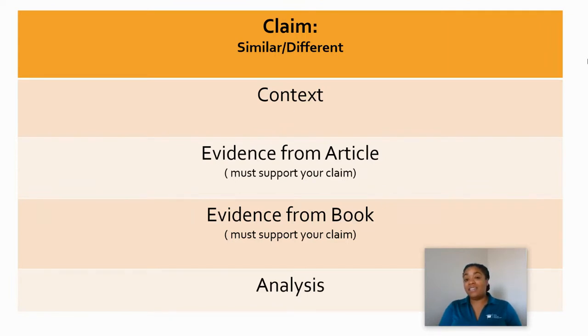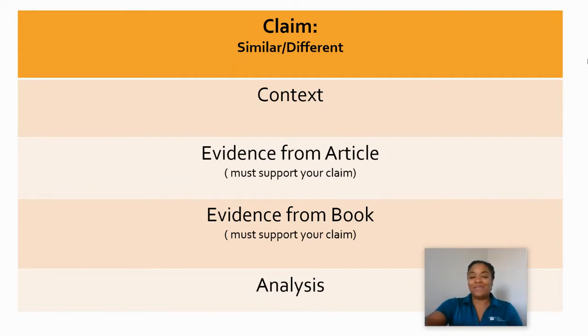You should have evidence from the article and evidence from the book. You should have a full written analysis. Now, as you answer your exit ticket, remember you need to add context. In the end, you should have your claim or argument, context, two pieces of evidence, and an analysis with an inference or a by or because statement.